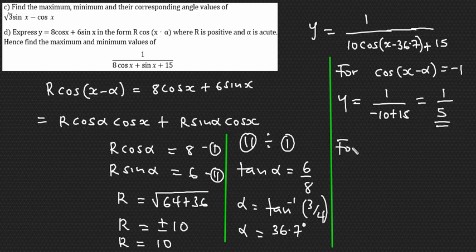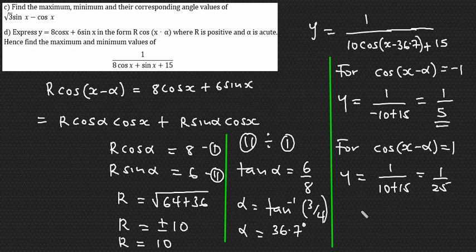Now for cos of x minus alpha to be equal to 1, we can have y equal to 1 over 10 plus 15, which is 1 over 25. So we have two values. Which one is maximum?